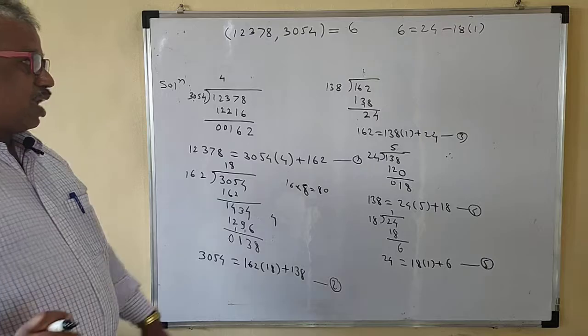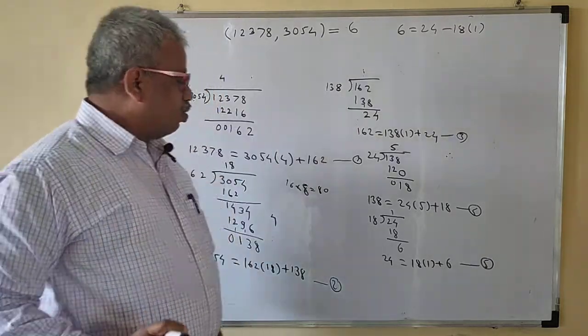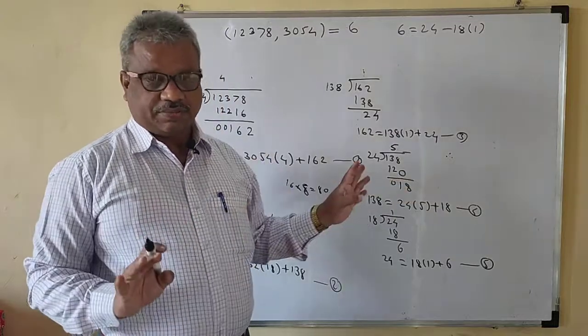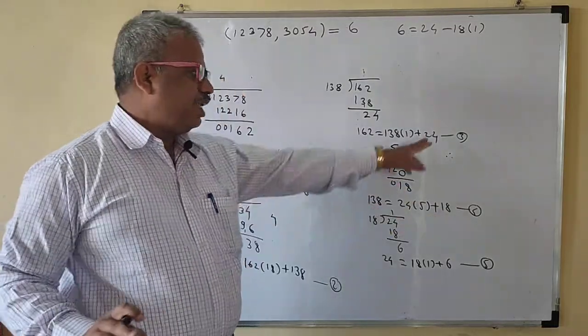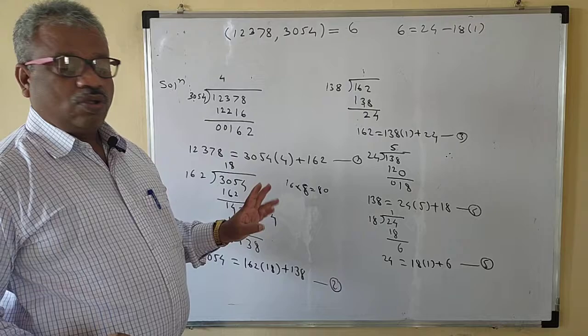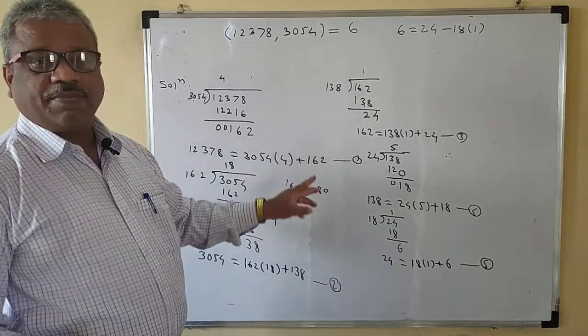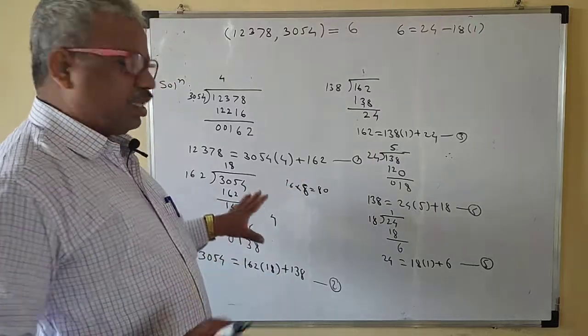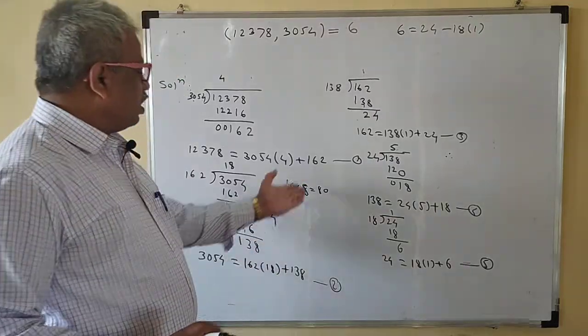So this is the value of 6 now here. So everywhere you have to assume that remainders are not numbers. This 18, 24, they are non-numbers. Only numbers are whatever is written in the bracket, they are the numbers. Just assume that all the rest, all these remainders everywhere, are not numbers.